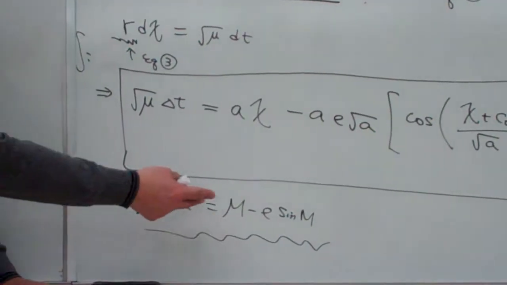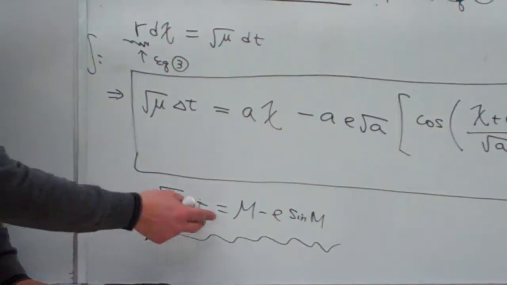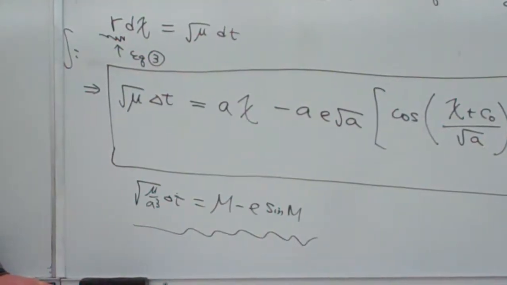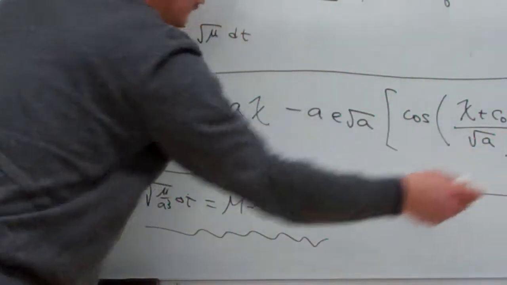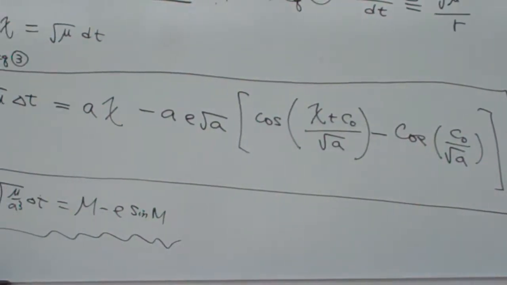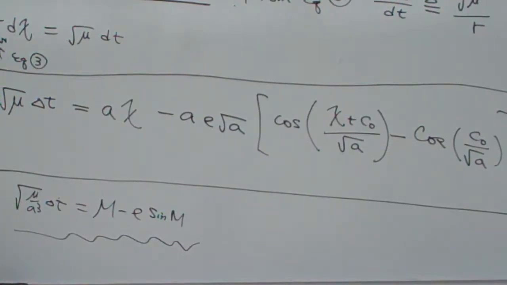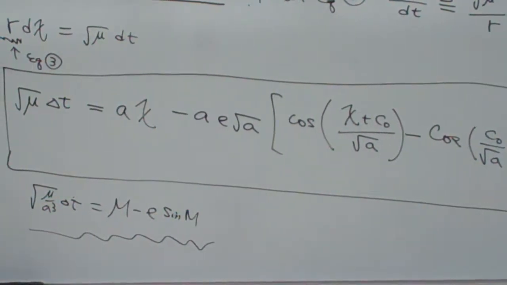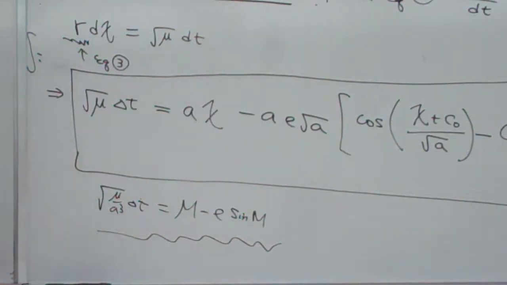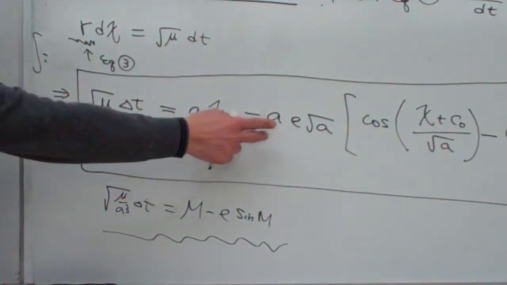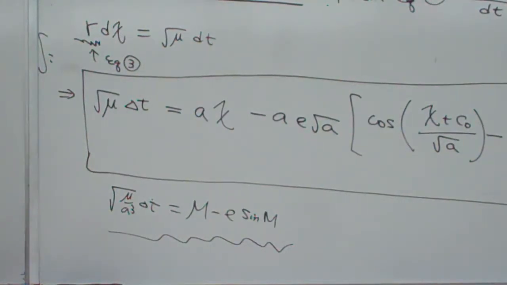And different orbits have different patterns, but they're pretty much the same as this one. Then on one side is the delta t, on the other side is about the eccentricity. So compared to this one, here is the time of flight, and at this moment we can guess that C would be something relating to eccentricity, relating to the eccentric anomaly, something like M or H or F we've seen before.